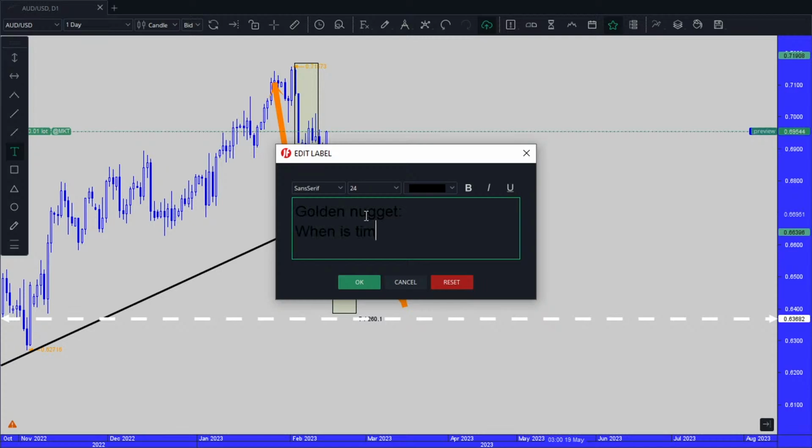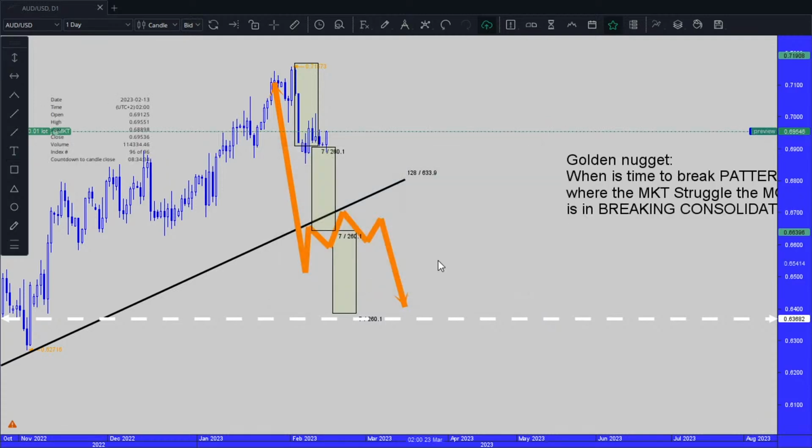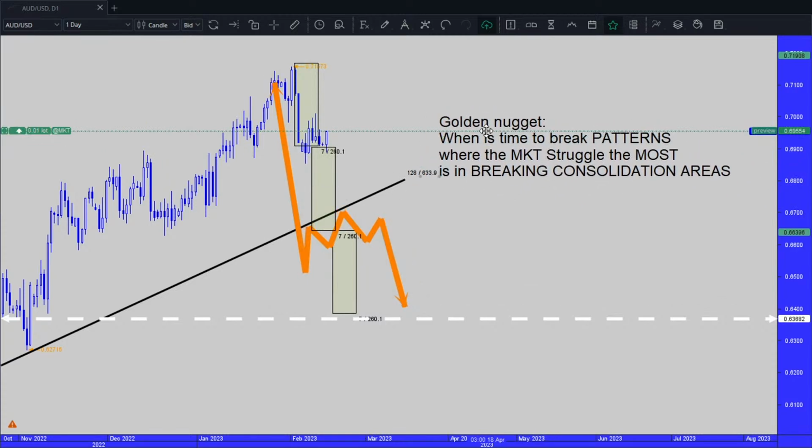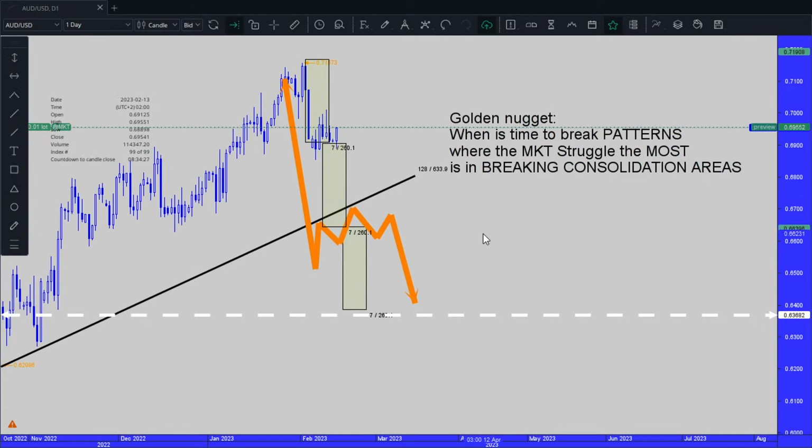When is time to break patterns, where the market struggles the most, is in breaking consolidation areas. Wow, right? Seems so dramatic, difficult. Really not. Okay, golden nugget for trading.